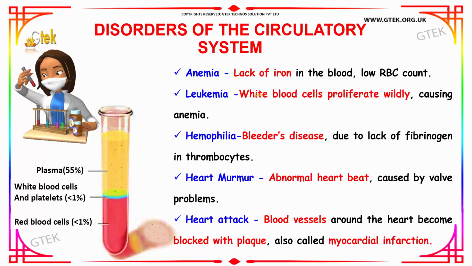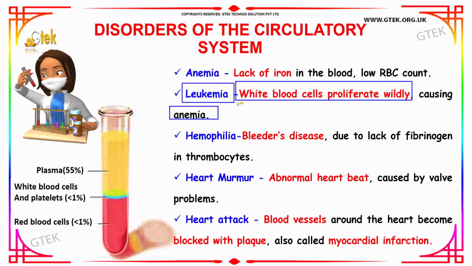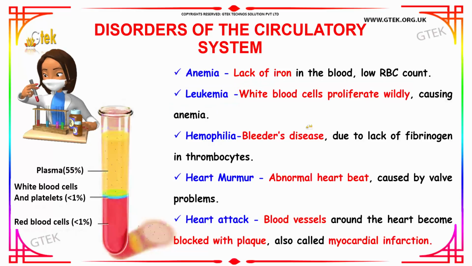If a person has white blood cells which proliferate widely, causing anemia, then it is known as leukemia. Hemophilia is commonly known as the bleeder's disease. It occurs due to the lack of fibrinogen in thrombocytes.